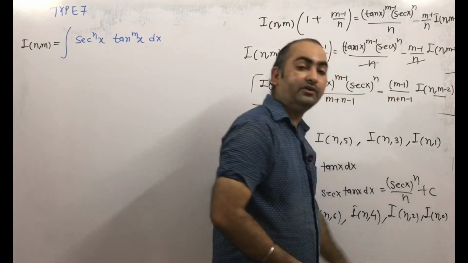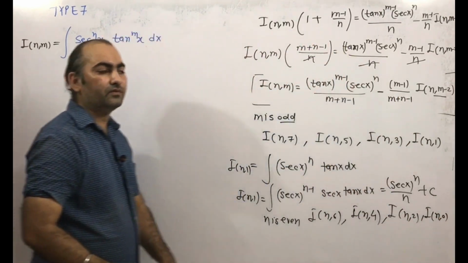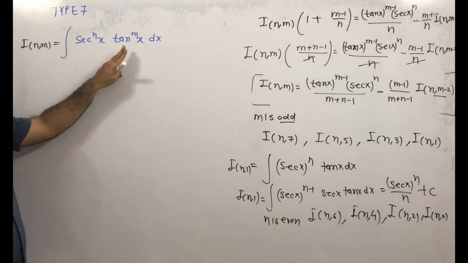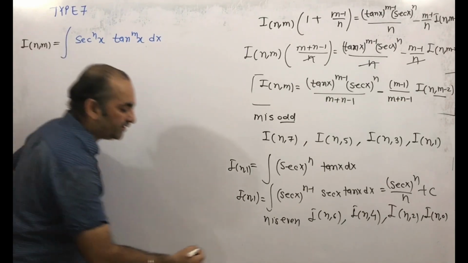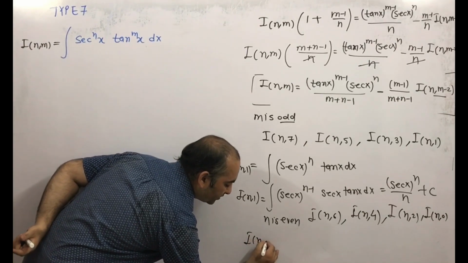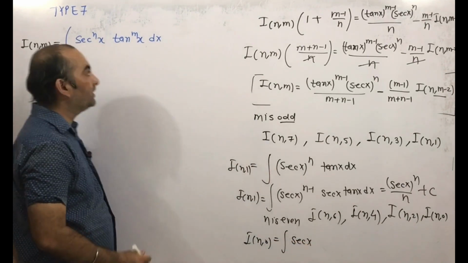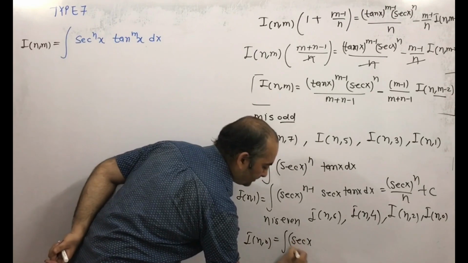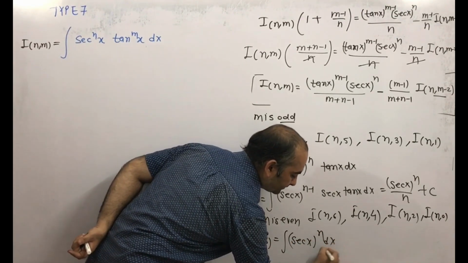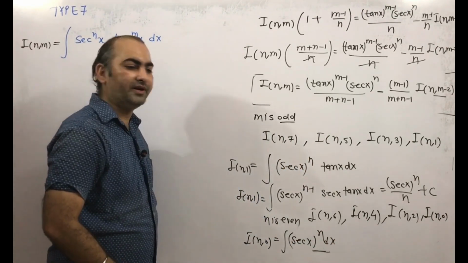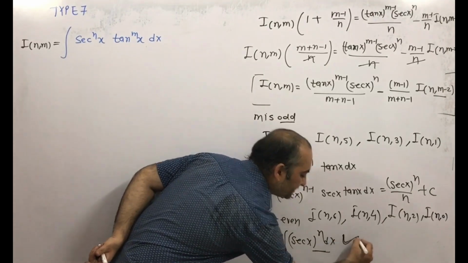So we have to find out I(n, 0). What is I(n, 0)? Here m value is 0, so I(n, 0) is the integration of secant x to the power n dx. This integration we already did in type 6.